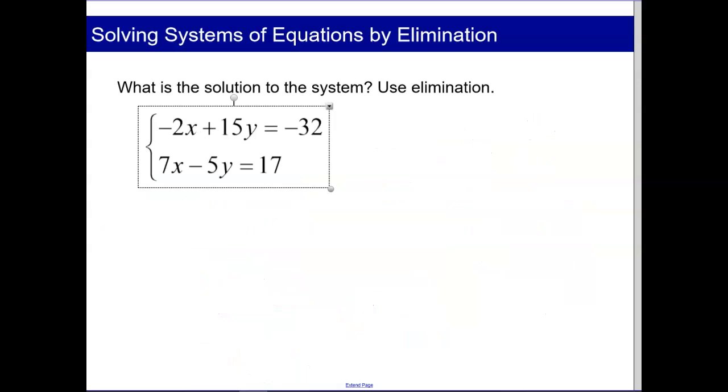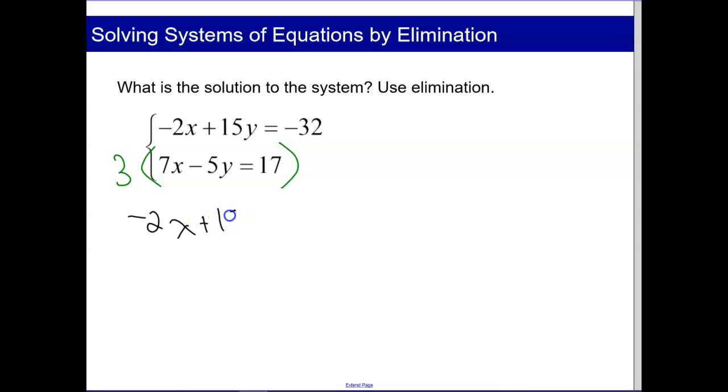And finally, let's take a look at this last system of equations. What would you do to eliminate one of the variables? I think the most straightforward thing to do would be to multiply this bottom equation by 3. So I get negative 2x plus 15y equals negative 32.